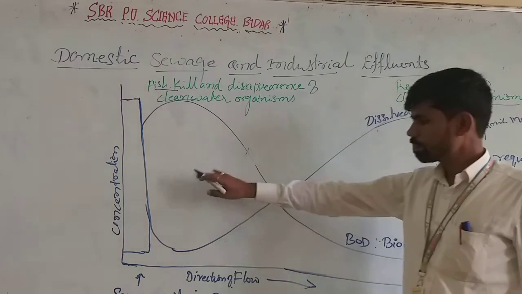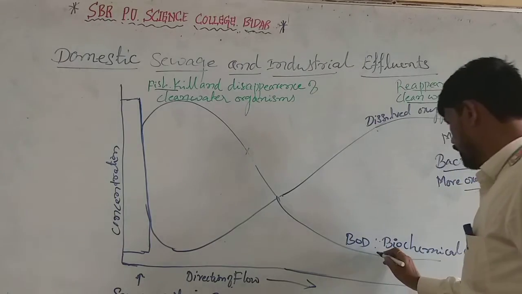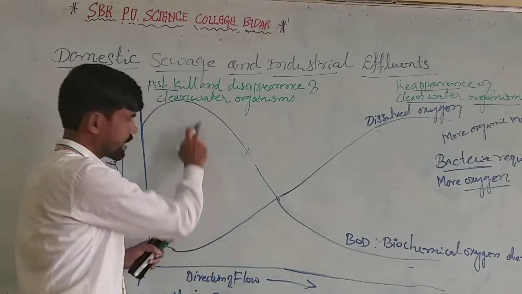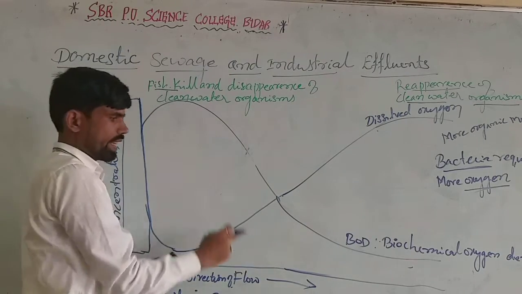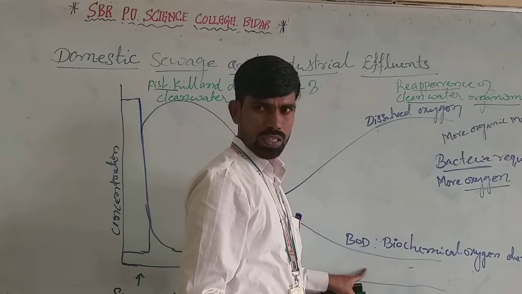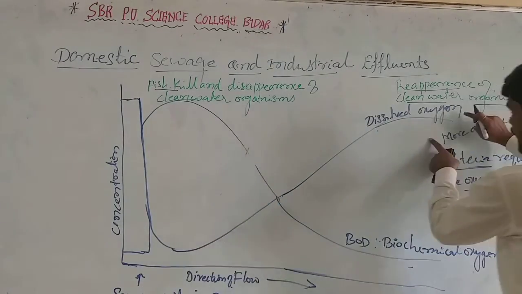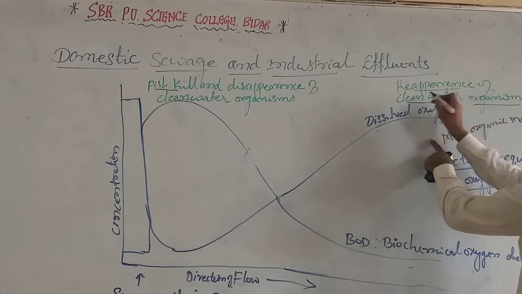So you see here what happens. Here more organic matter is present, so the oxygen demand is more. Here organic matter is less, so the oxygen demand is also less. So here a reappearance of the organisms took place.